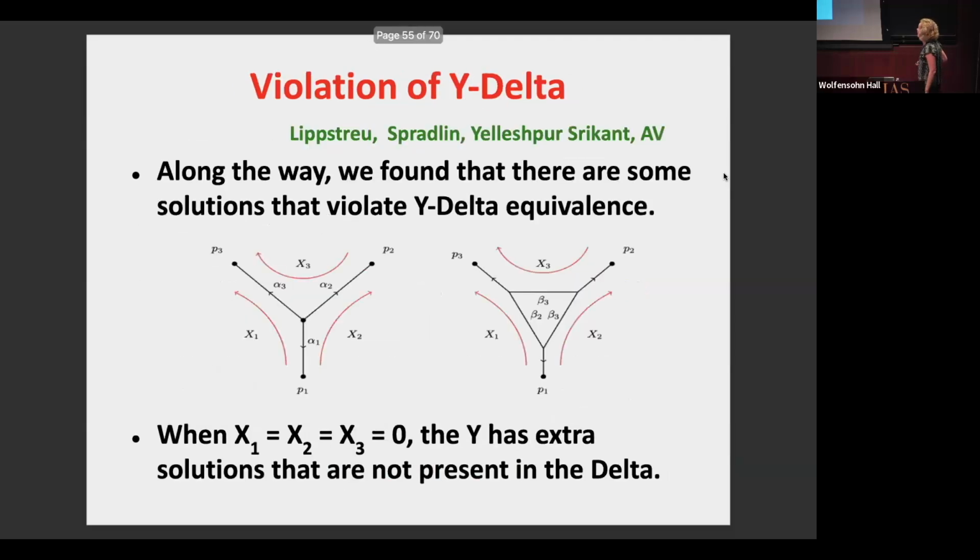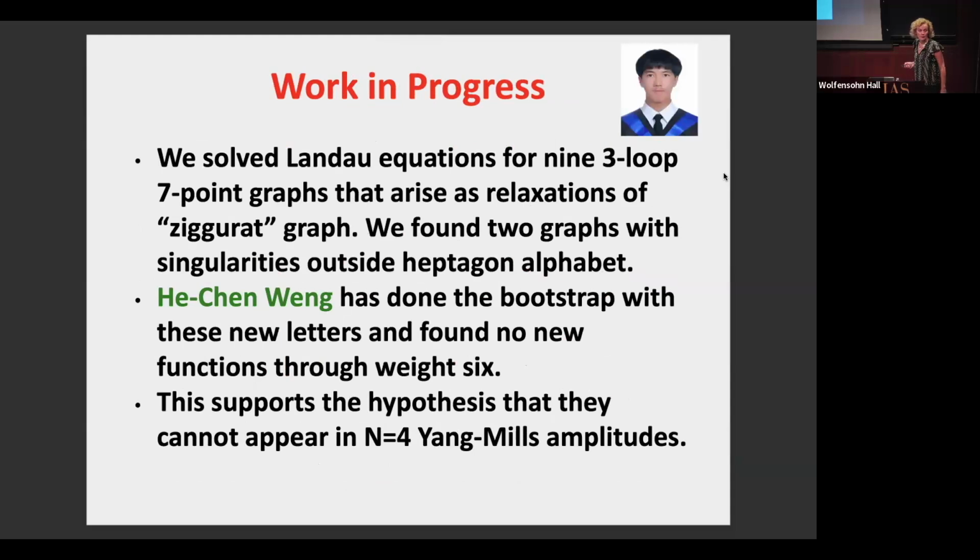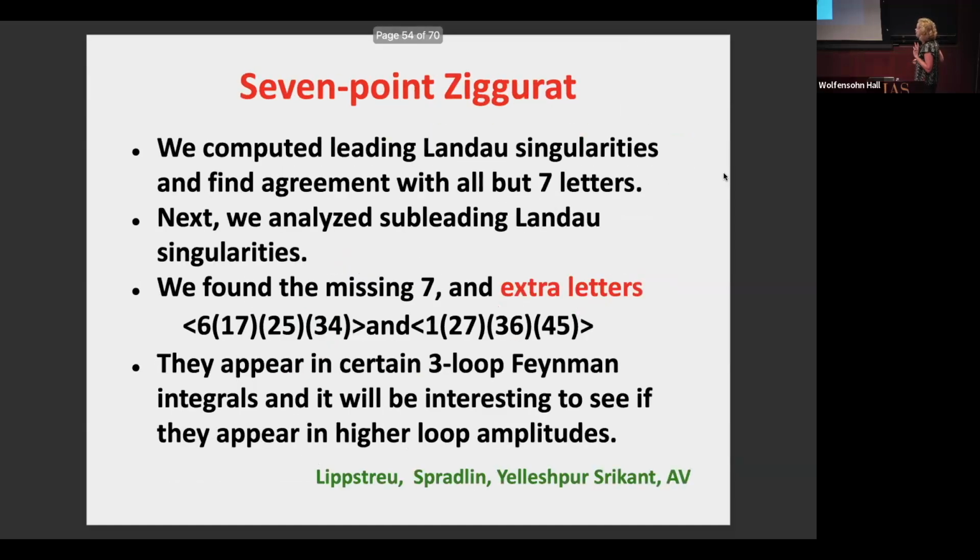So we now, not the cluster algebra. No, they're not the cluster variables. So we now have a new poor student who is working very hard. He's an amazing student, a former UT Austin student. So in this work a year ago we found these extra letters, 2 of them, 2 classes.